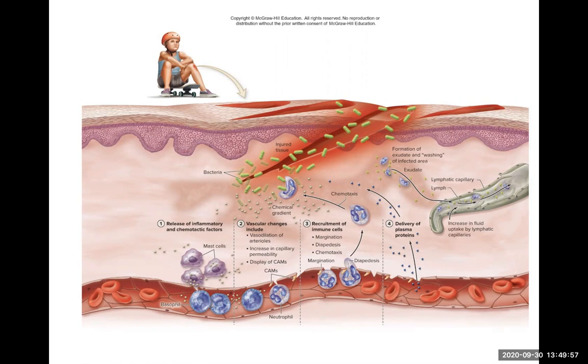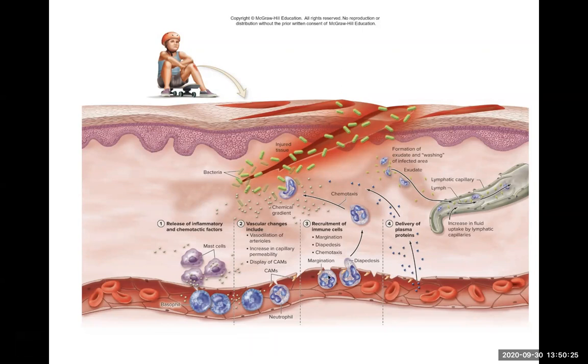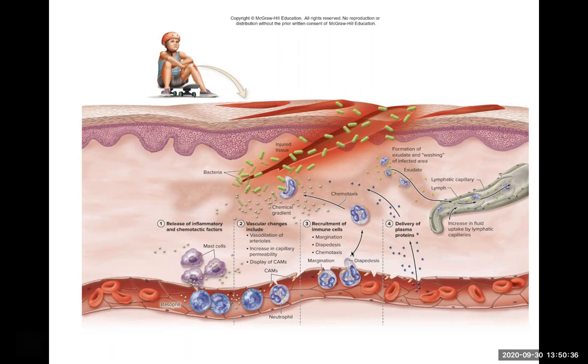Okay, so here's a picture that goes along with what I was just trying to describe verbally, which summarizes those events that are a part of inflammation. Again, you get release of chemicals from cells that are injured or from white blood cells in the area. Those chemicals cause vascular changes. One of those very important vascular changes is the expression of those cell adhesion molecules on the inside of the capillaries. Those allow the white blood cells in circulation to stick to the vasculature, and that's what margination is, so that they can undergo diapedesis, which is what you're seeing here, the squeezing of those cells out of the vasculature.